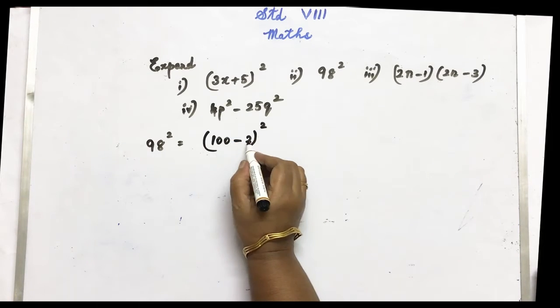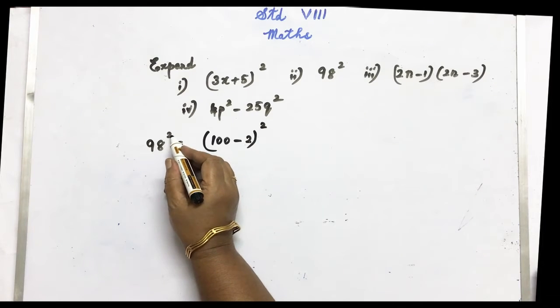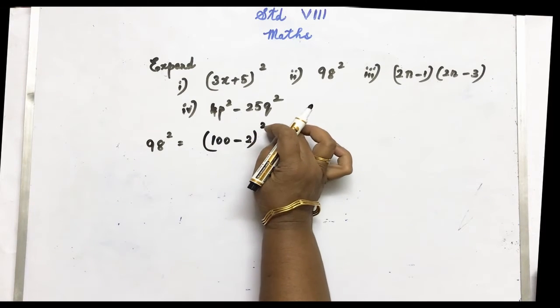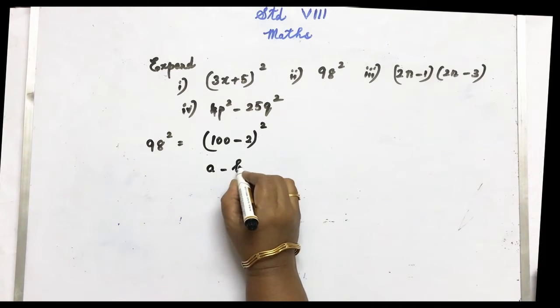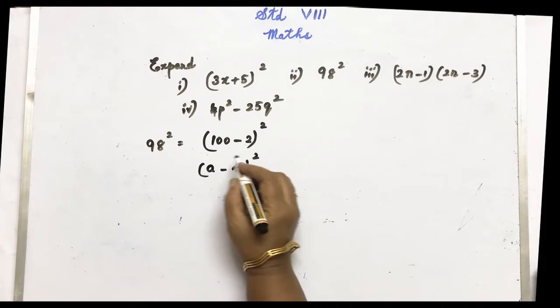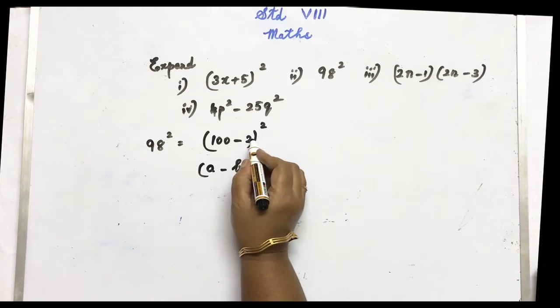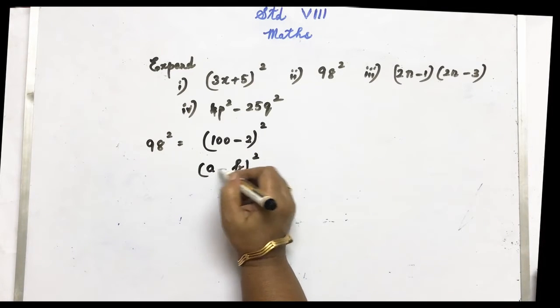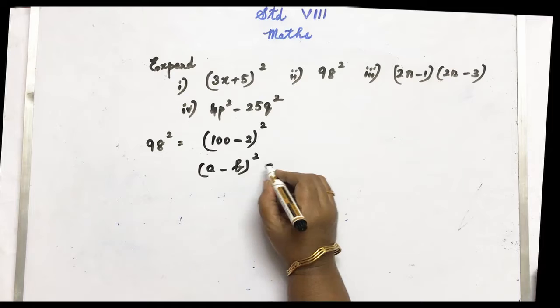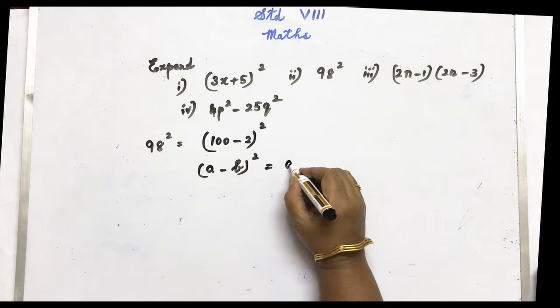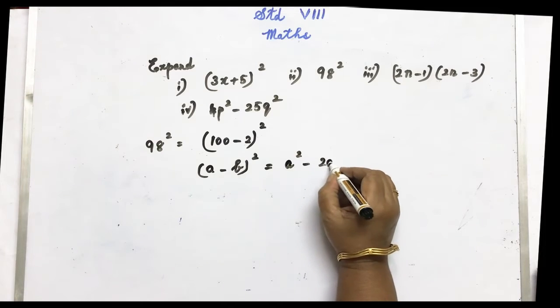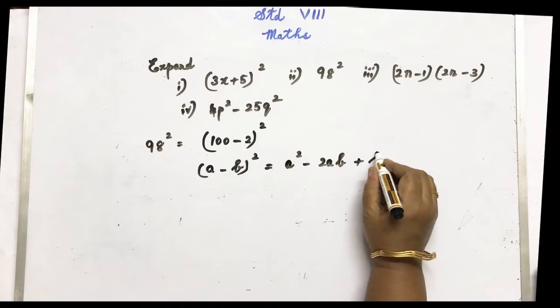We all know 100 minus 2 is 98. Here squared is there, so whole squared we should write. Now this is of which form? (a minus b) whole squared. Here two terms we are having with minus sign, so we have to use this identity. Now (a minus b) whole squared, you should be thorough with the identities, is a squared minus 2ab plus b squared.